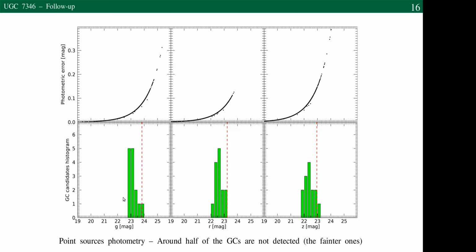But I think it will be very interesting to do deeper and higher resolution photometric follow-up, just to check the shape of the luminosity function of the globular clusters, to see if it's Gaussian, or if this excess that more or less we see here is real or not.